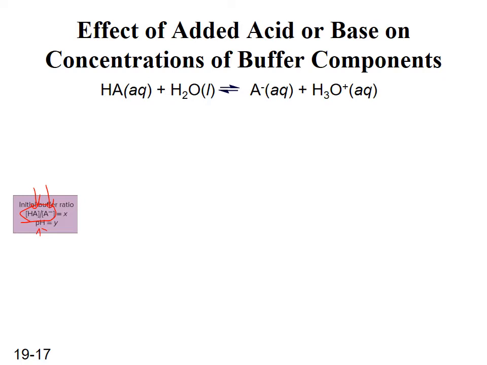We found that if the acid is a weak acid, when Ka is very small, then the concentration ratio of acid to base can use the initial concentration ratio. It's approximated by initial concentrations.